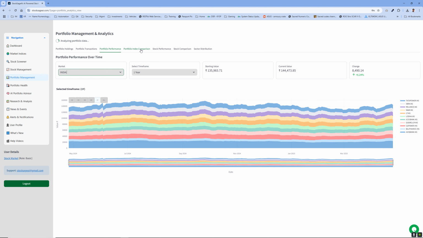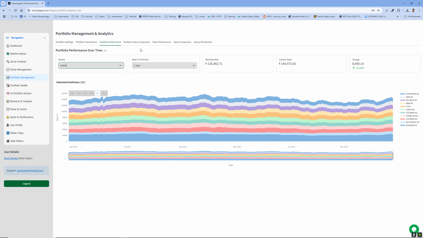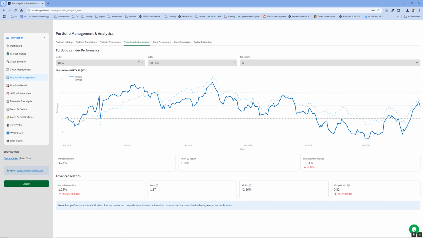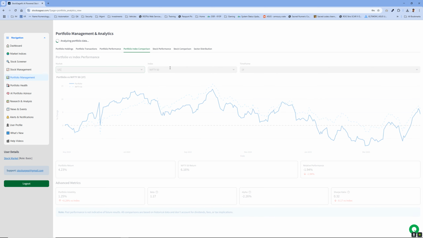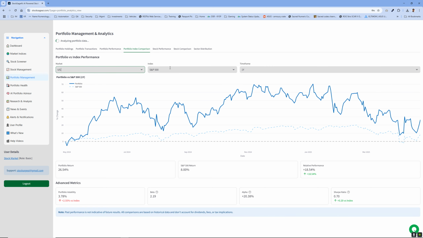I can also do a comparison similarly for the US stocks and the India stocks separately basis the markets we have. So I can actually choose, if you see US, I can choose S&P 500 over here, and how relatively NVIDIA has performed as compared to it.